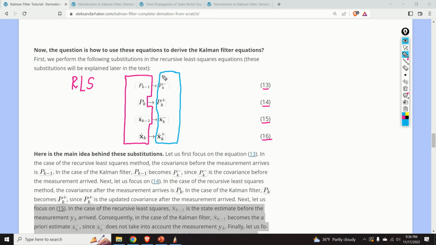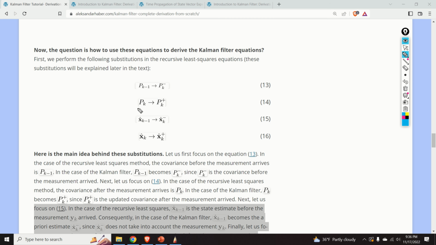So what do we do over here? We basically take Pk minus 1 and we say in our Kalman filter Pk minus 1 will be Pk minus. Similarly, Pk from the recursive least squares method becomes Pk plus in the Kalman filter.